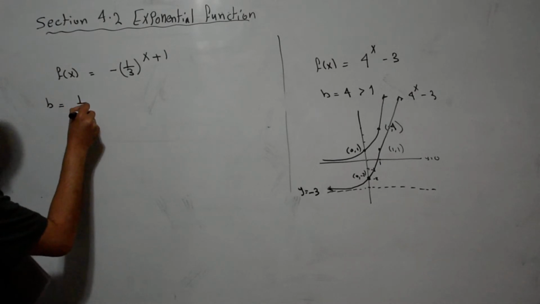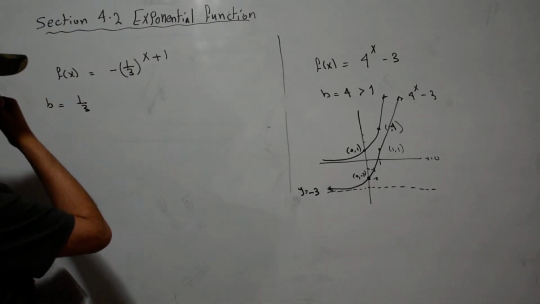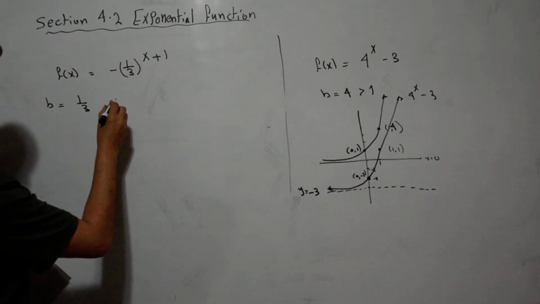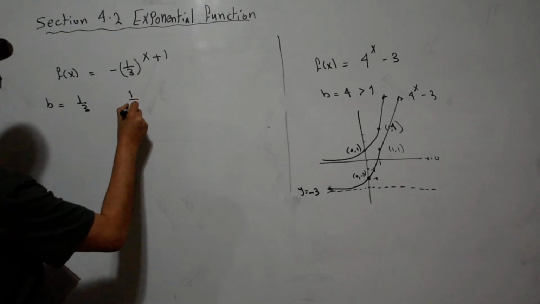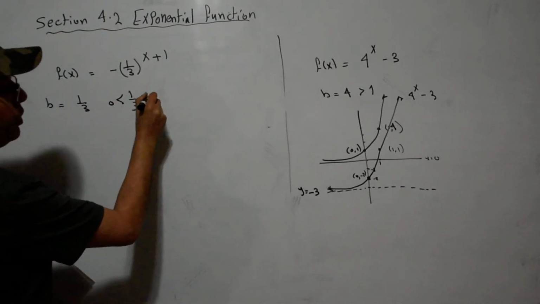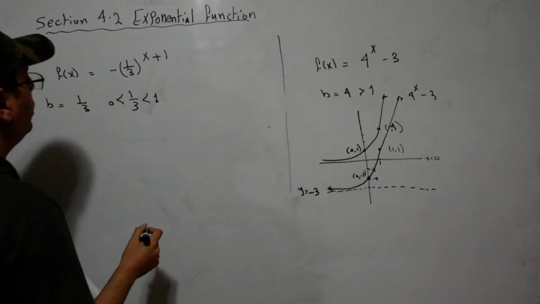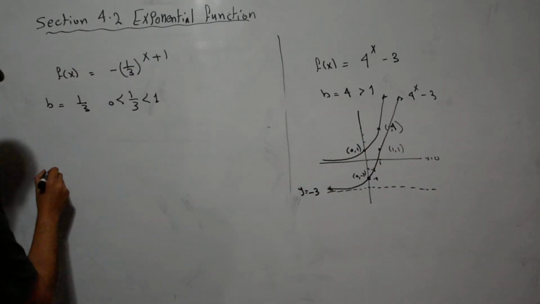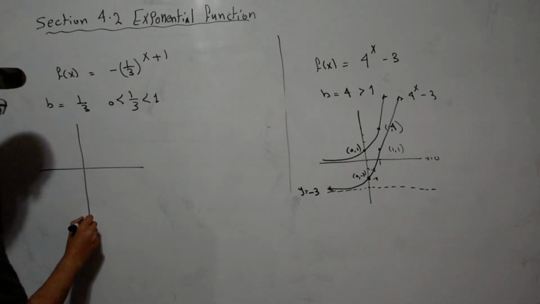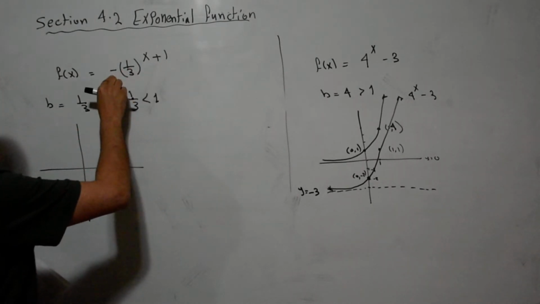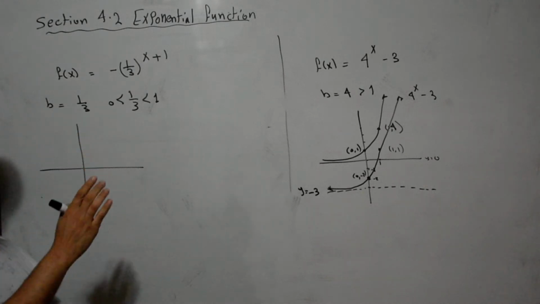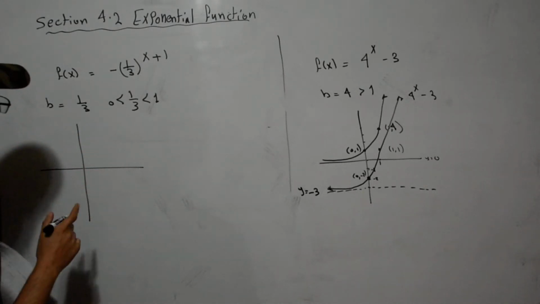It is 1/3, not negative 1/3, and 1/3 is between 0 and 1. So the function would be this way. Okay, so the first thing is to graph the original function. I have one transformation, here's two transformations, so we're going to work on them one by one.